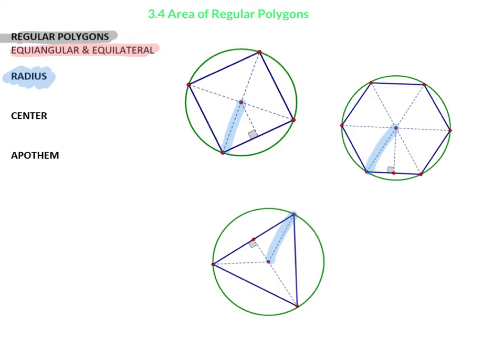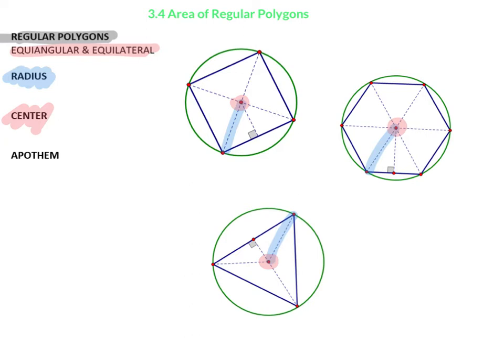And not only radii of the circle, but radii of the square, or the hexagon, or the equilateral triangle. Of course, you already know what a center is, but maybe you are unaware that a regular polygon has a center to it as well.